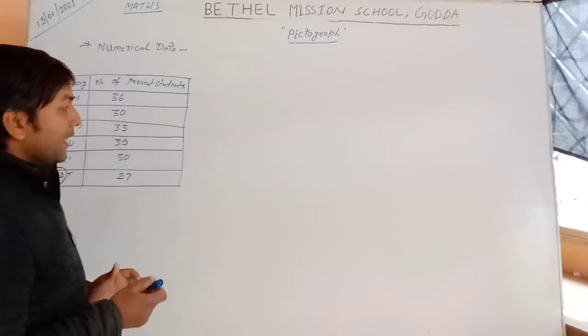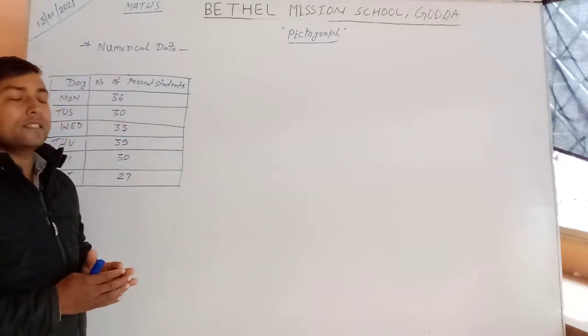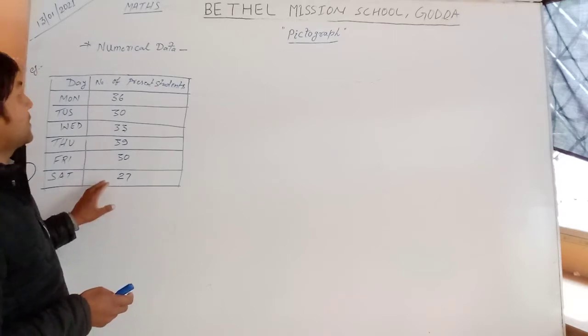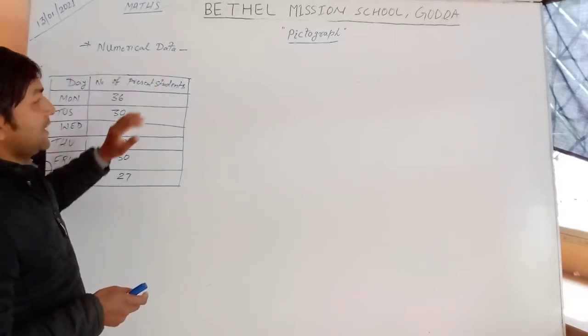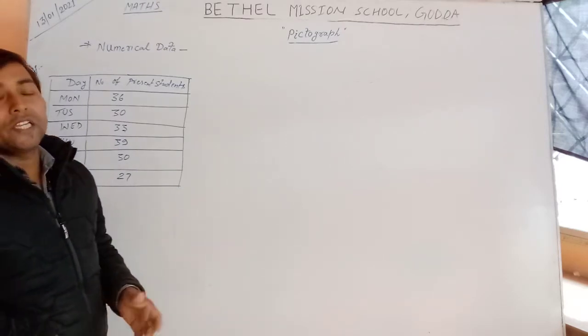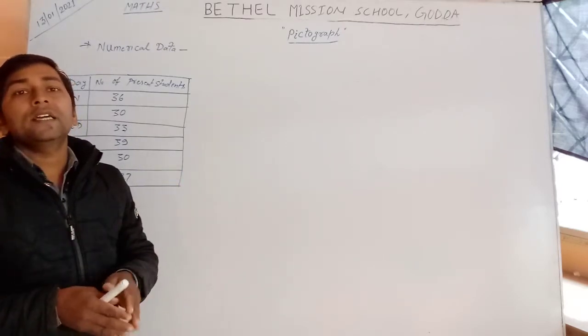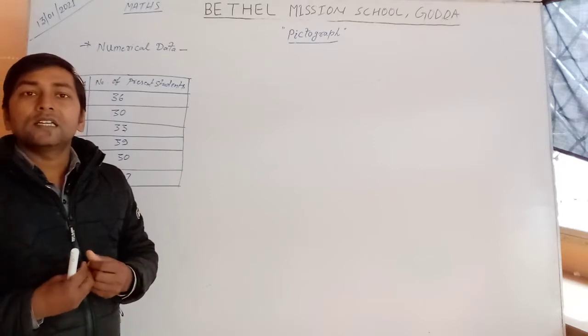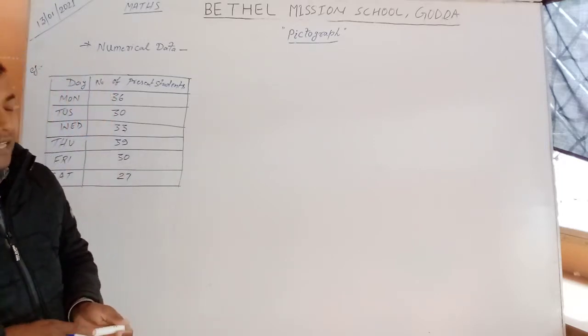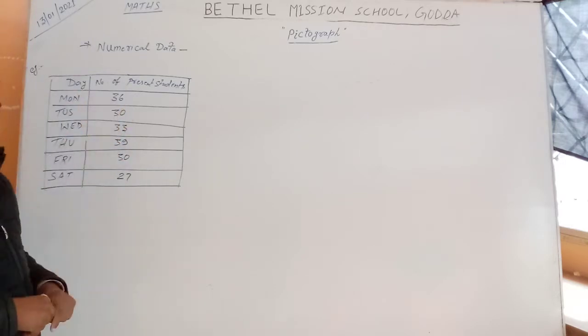Okay, so when you get information in numerical figures, it is known as numerical data. This is the numerical data. When you get information in numbers, it is known as numerical data.